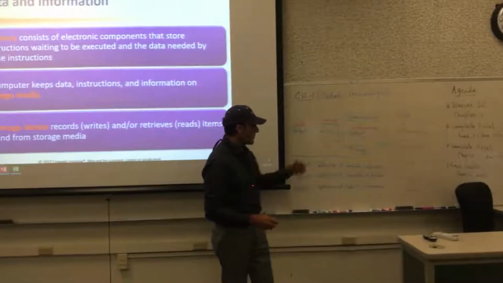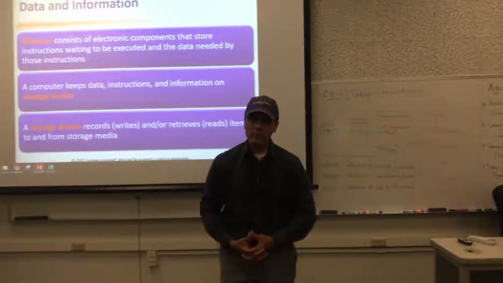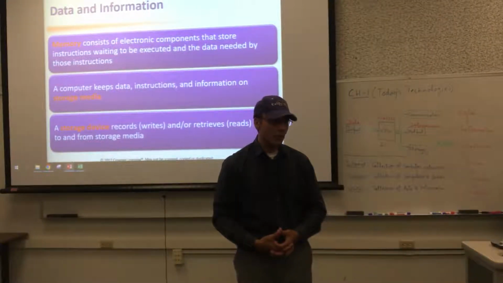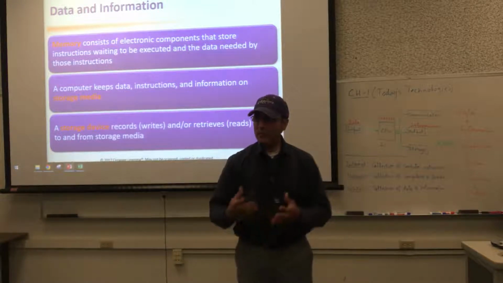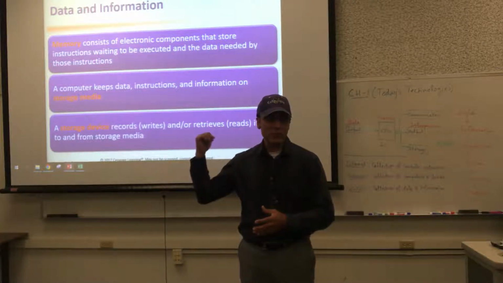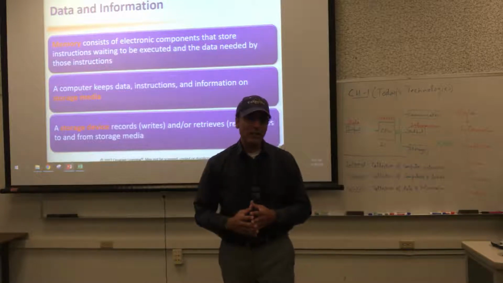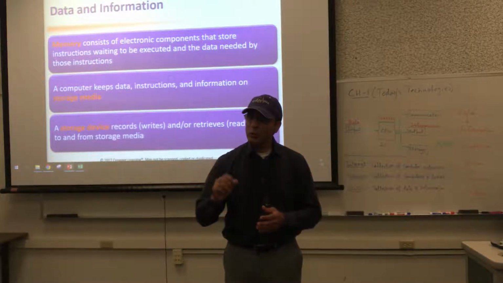The difference is that storage is permanent. It's called non-volatile. You do not need a source of energy all the time. So CD is an example, hard drive is an example, USB is an example. Even solid state is an example. Solid state is another type of storage we'll probably see in the next slide, and it is permanent in nature. But it's a little slower than the memory. Memory is much, much faster.